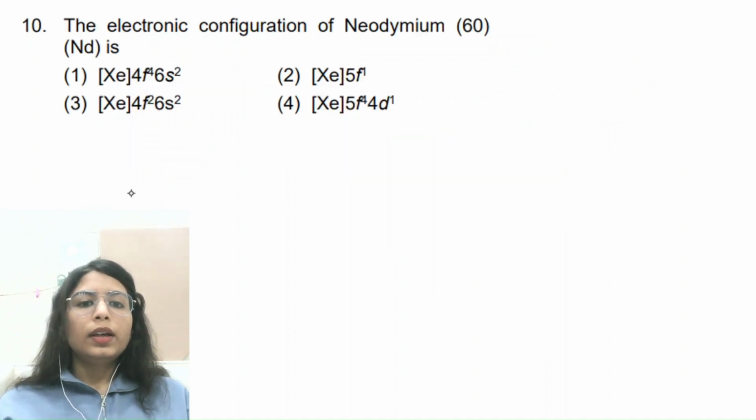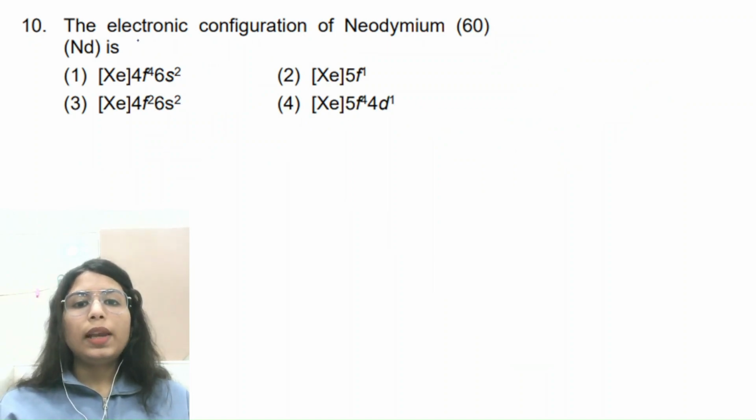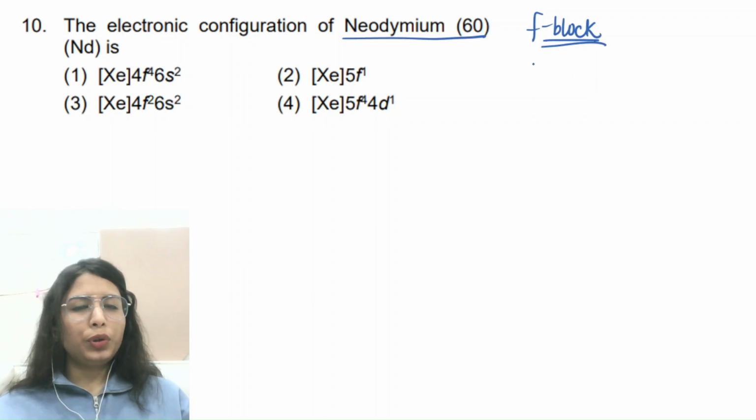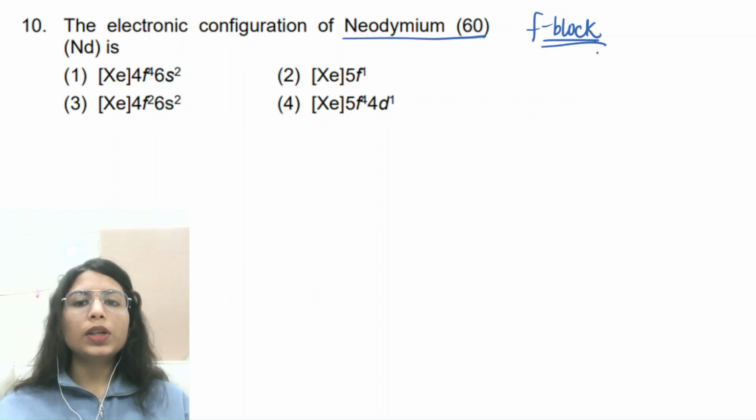Okay. Next we have our 10th question. It is asking you the electronic configuration of neodymium. It has atomic number 60 and it is an f-block element, right? Even if you don't know how to write the configuration, you can just remember the atomic numbers of all the noble gases.